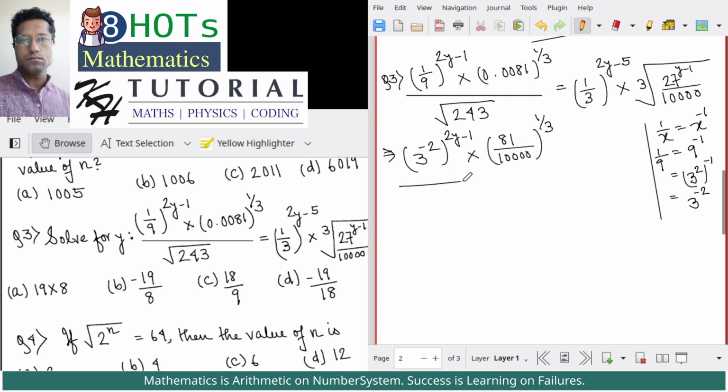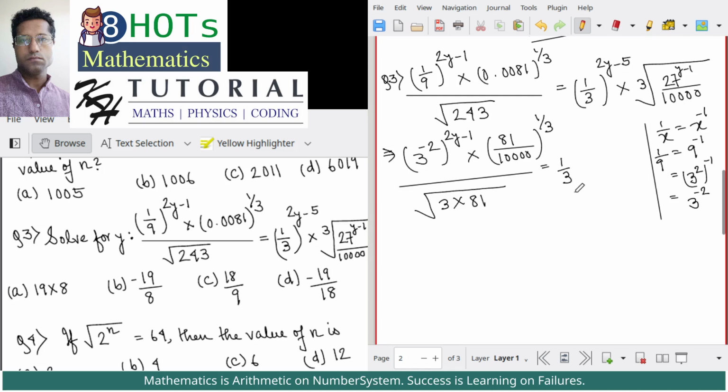Now 243 is not a perfect square. 243 is 3 multiplied by 81, and 81 is a perfect square, so 3 multiplied by 81 is not a perfect square. Okay, this is equal to 1 by 3.